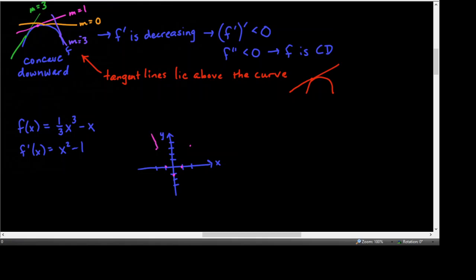Okay, so that's what the derivative looks like. And I made this an easy one so that you can really look at it closely. This function is decreasing on the interval from -infinity to 0. And it's increasing on the interval from 0 to infinity.